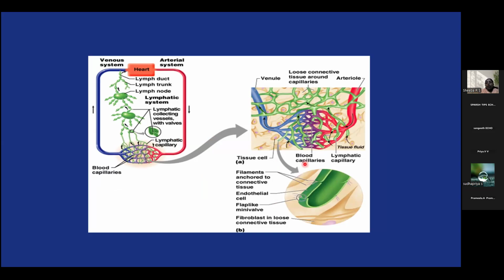That fluid is absorbed with the help of the lymphatic capillaries, which you can see in the greenish color. Wherever the leakage occurs in the interstitial tissue space and the lymphatic fluid originates, the lymphatic capillaries are responsible for absorbing the fluid from the interstitial tissue space.